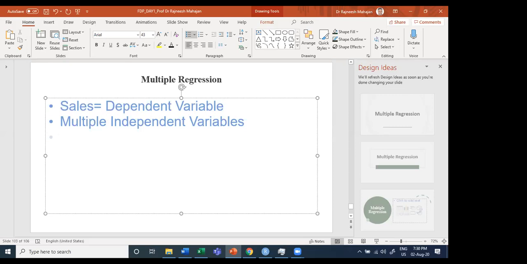So independent variables can be, say, advertising plus sales plus quality plus after-sales service. So these are the things which can drive our multiple regression.